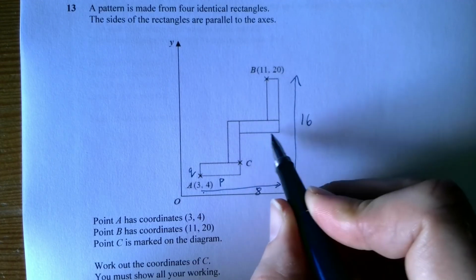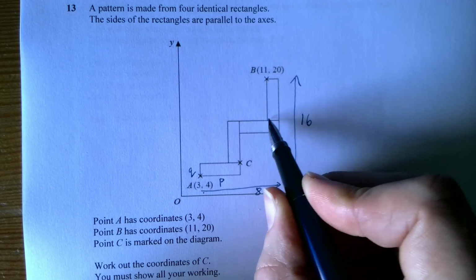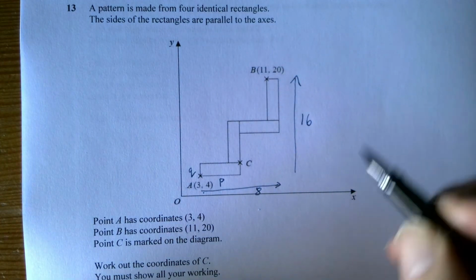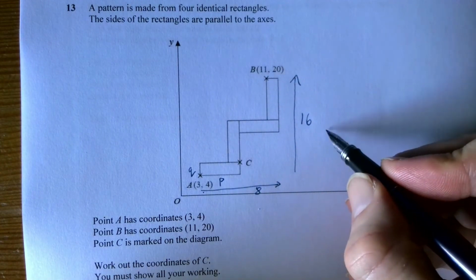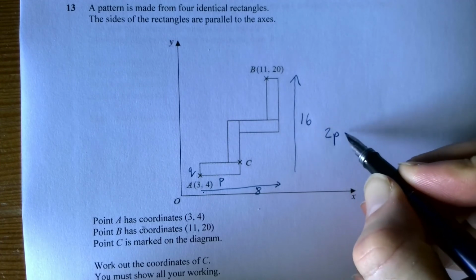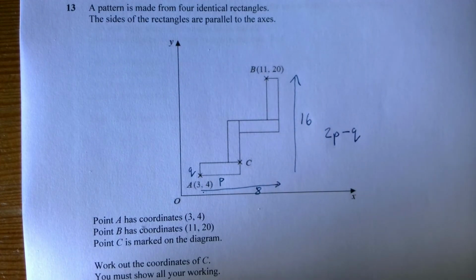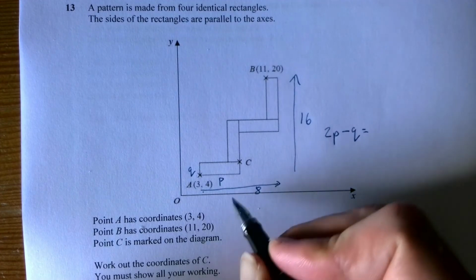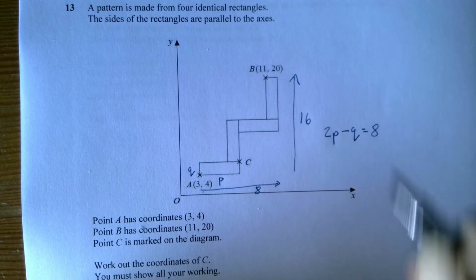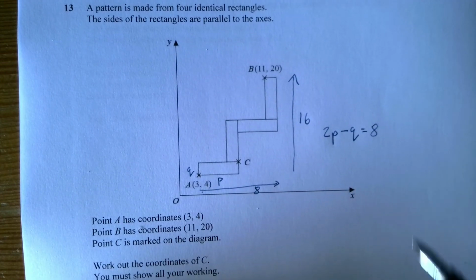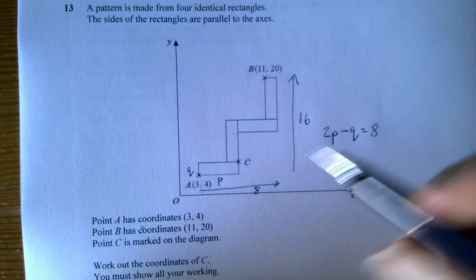But if I went 2p's, I would then have to take off one width, which is q. So stay with me, I'm going to say that is 2p, but take away q, and that is taking me 8.